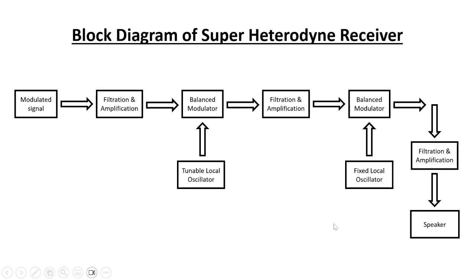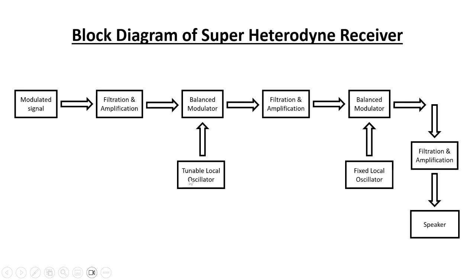Okay, I hope you got that point. So I will give you an example here. Let's suppose that here we have, let's say, 1 megahertz for instance. After filtration, you take the sum of these two and the difference of these two.